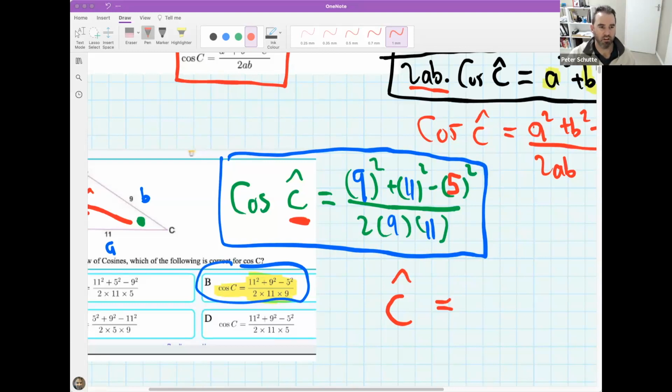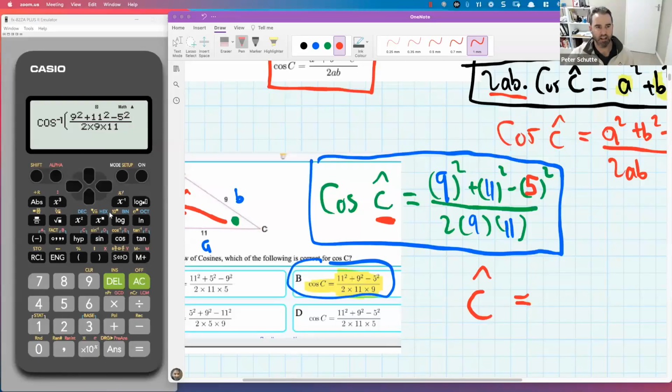And then you basically just put the fraction in your calculator. Can you put the answers that you get in the chat? I will reveal my calculator in a moment. So I've done that, and I need to close my bracket.